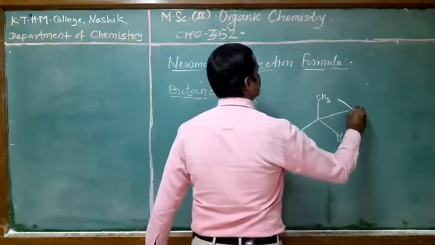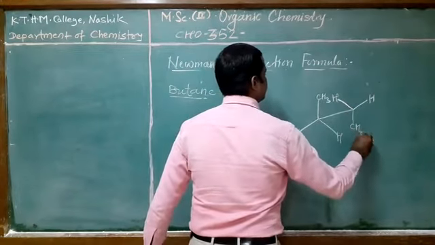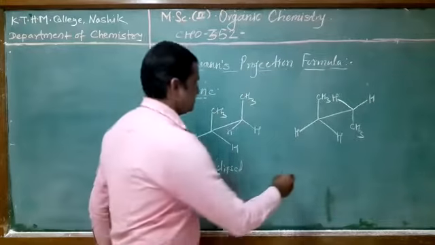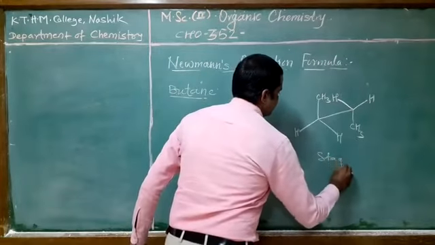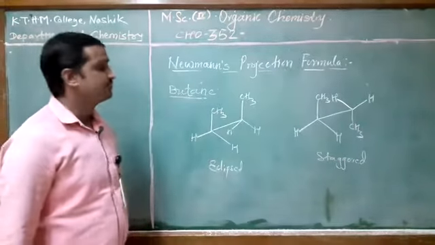atom only. The front carbon atom we are keeping as it is, only we rotate the backside carbon atom, and this situation is the staggered conformation.